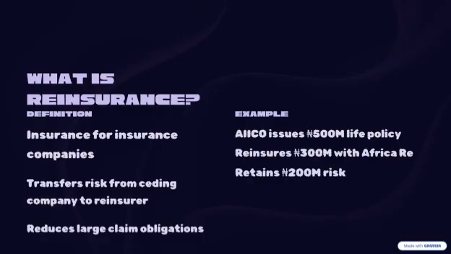What we have here is that a CEO of a Nigerian company creates an insurance with NECO insurance in Nigeria. That is a 500 million naira life insurance policy that the CEO of a major corporation has with NECO.